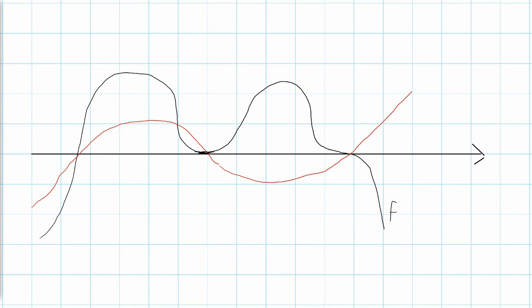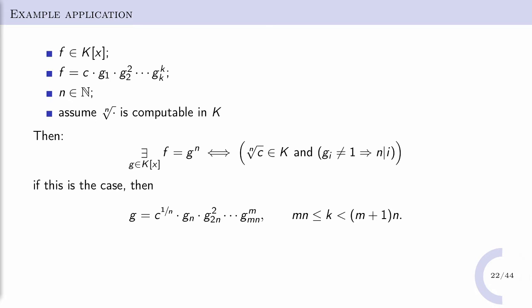What I draw here would be the radical of f. So it has the same roots. It vanishes exactly at the same points as f. But now all the roots are simple. This is the radical.